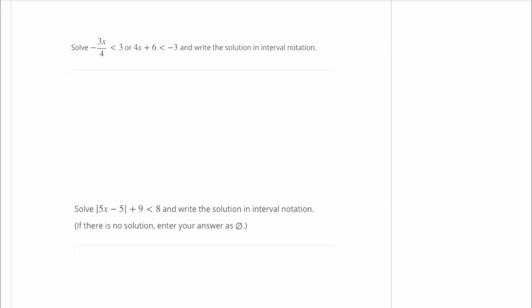So in this next example, we still have inequalities, but now the keyword here is "or". So if I'm looking at "or", that really means the union. So I'm really going to be thinking about everything. So I'm going to go ahead and work out each side just like I did before.